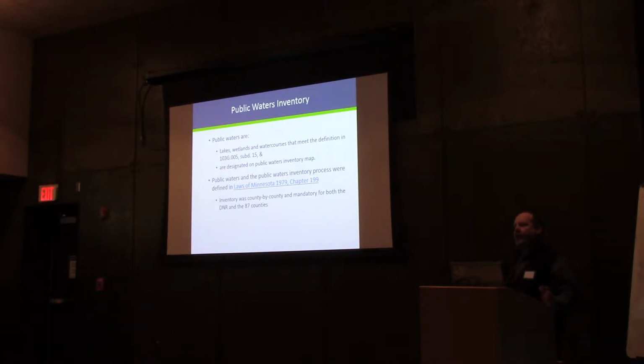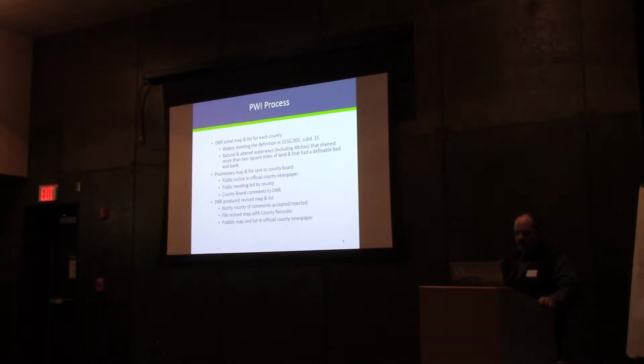We would just know that it's a public water. And so I'll get into that process a little bit. The inventory was done based on this Minnesota 1979 law, and it was a county-by-county process, and it was a mandatory process. So the DNR was told by the legislature how to do this process and the definition of a public water.